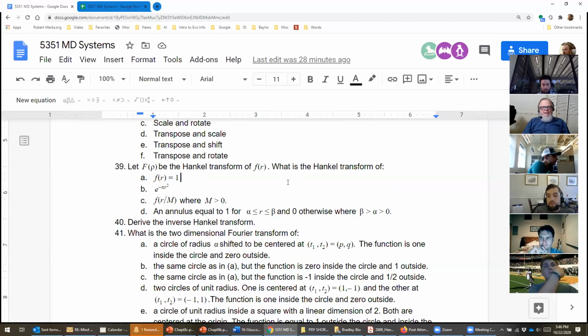Okay, C, I'll ask Chris about this one too. If you scale a circularly symmetric function, what do you get? This is a little bit more tricky because we're taking a circularly symmetric function and we're scaling it. I got 2 pi m f of m rho. I don't believe there's a 2 pi, and I think there's an m squared.